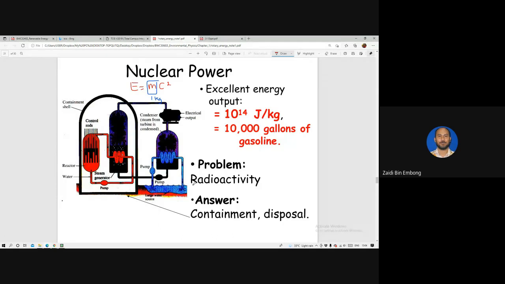If there is a leak over here, you imagine, all the radioactive waste will turn into particles in the air. It becomes aerosol particles. It's very dangerous. Even some will be released to the ocean.